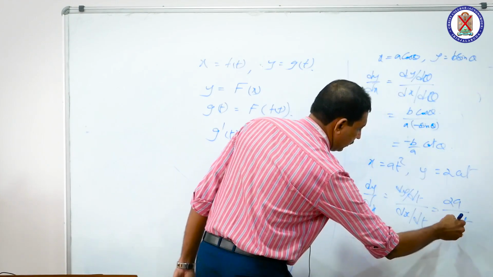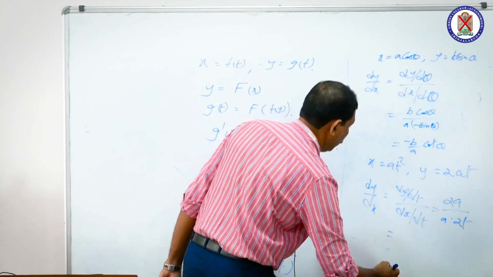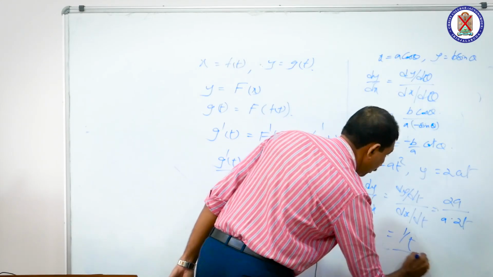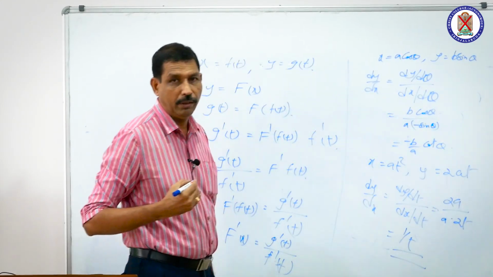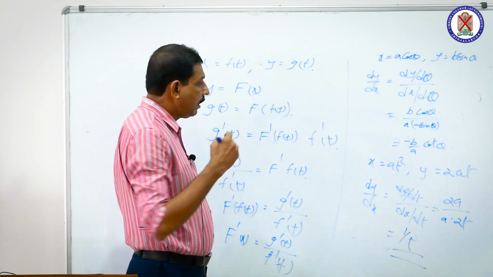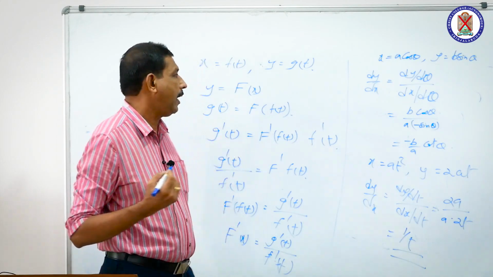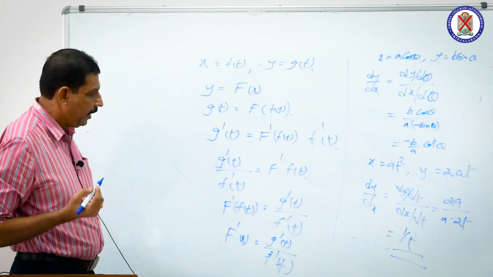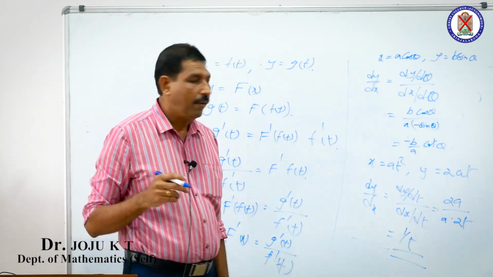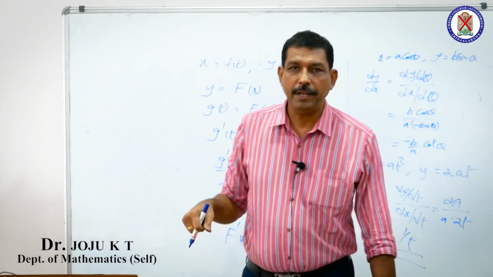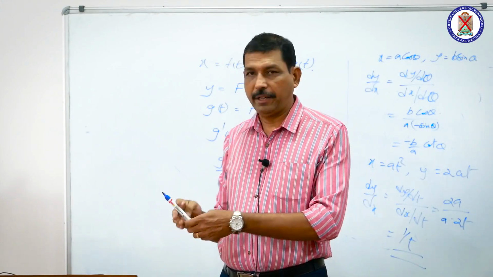The 2 gets cancelled, a gets cancelled, we will get the value 1 by t and so on. Therefore, these things are familiar to you from plus 2 classes. That is the immediate application of these parametric equations.